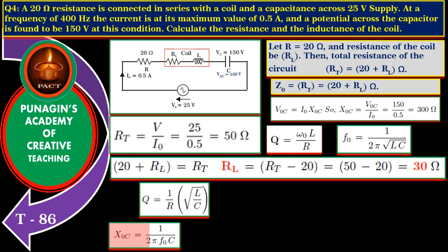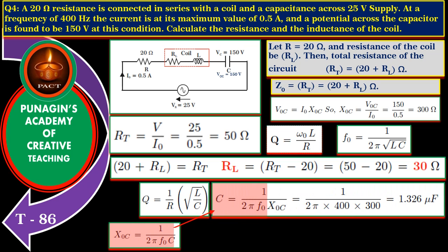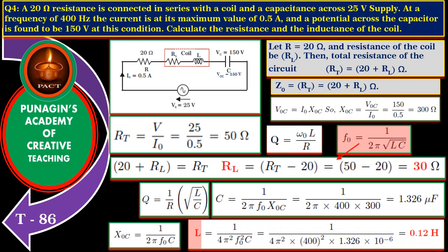Using X naught C is equal to 1 divided by 2 pi F naught C, substituting the values and solving, we get C is equal to 1.326 microfarads.